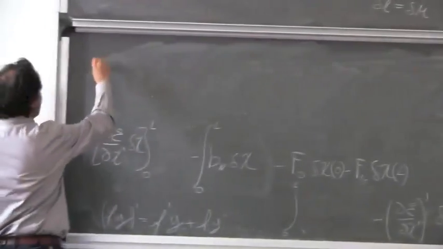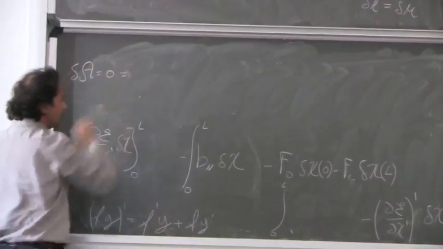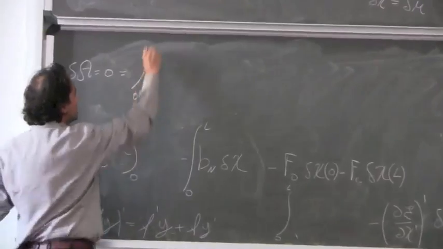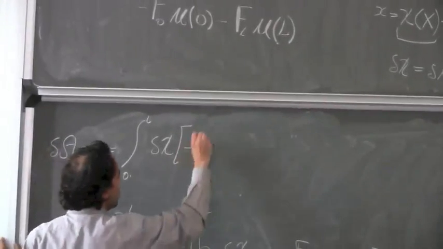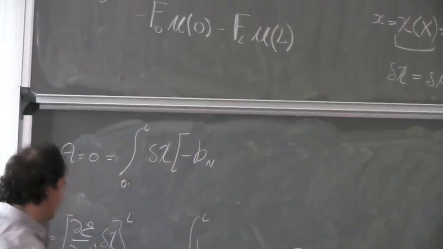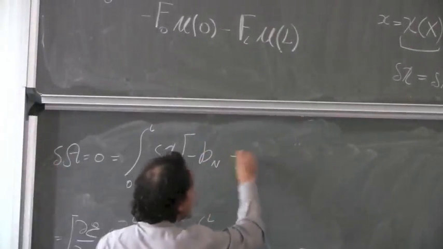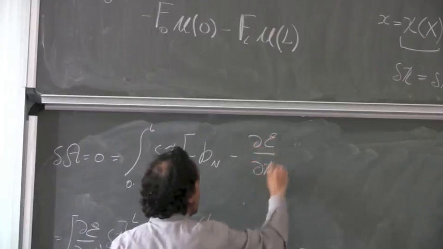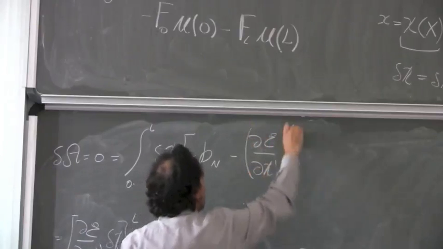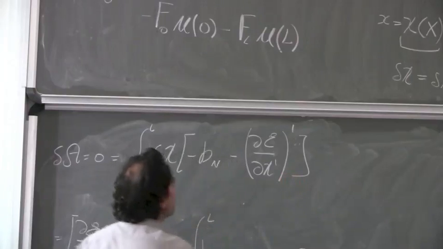So here, the variation of the action equal to 0 is equal to what? The integral from 0 to L of delta t multiplied by this part, so minus Bn, and this part, that is minus the derivative of E with respect to t prime, dx.